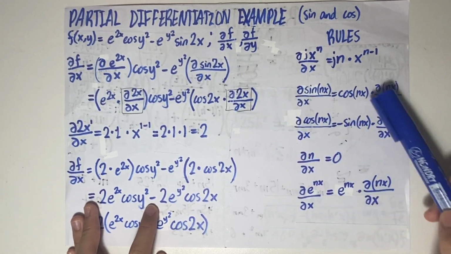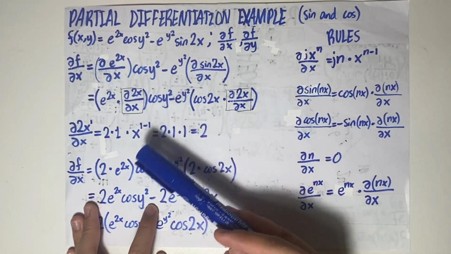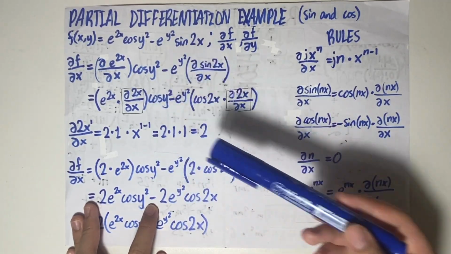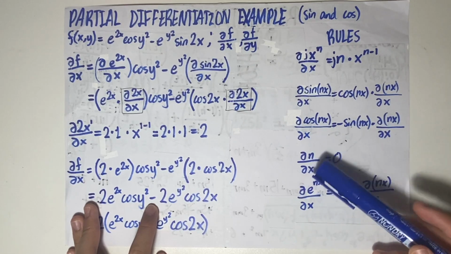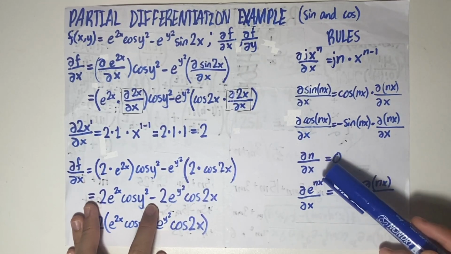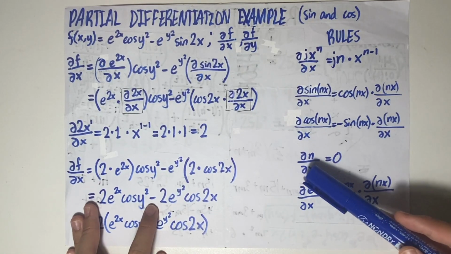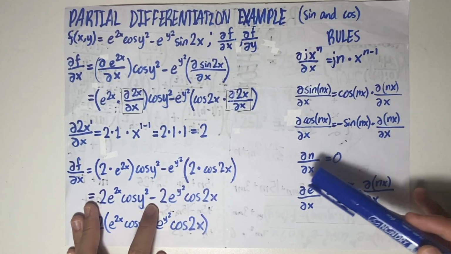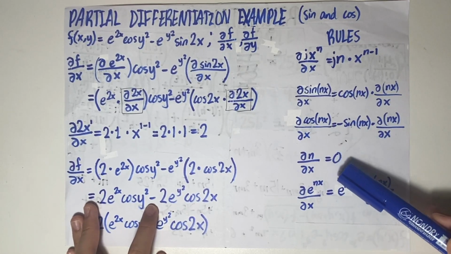If you're having a hard time understanding the rules while I'm explaining them, don't worry, these rules will all be applied to this differentiation example. Here we simply have the derivative of a constant n, which is equal to 0. You will remember from prior videos that a constant, a real number that is not multiplied by x, will simply be derived to 0.